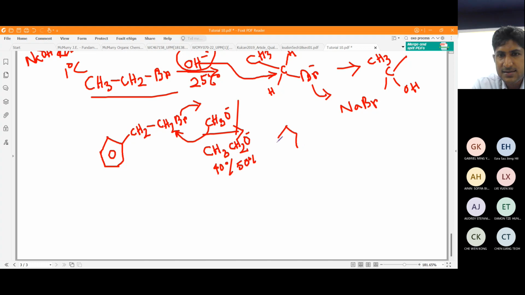This reaction has no effect on this benzene ring itself. We have seen at the very beginning of organic chemistry that benzene is quite stable because of resonance. Nonetheless, it does undergo reaction, but to some extent it is stable.